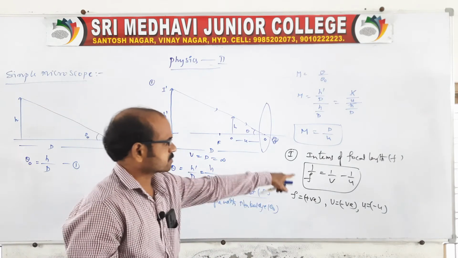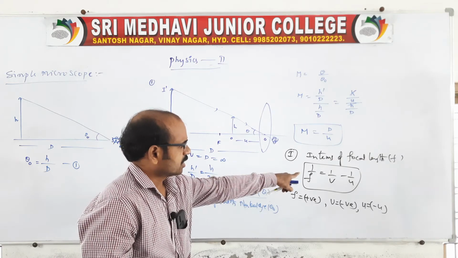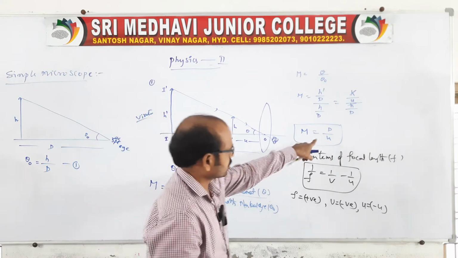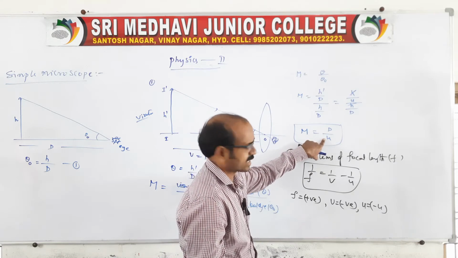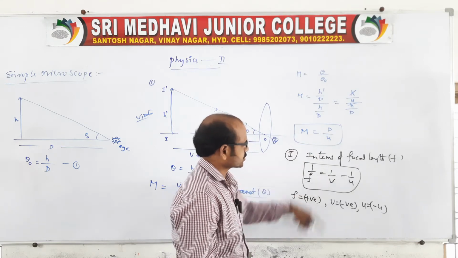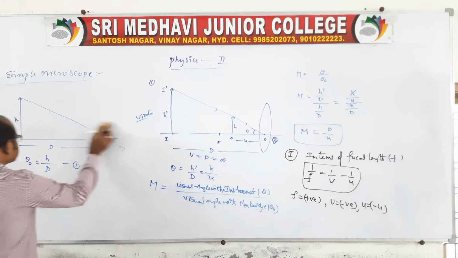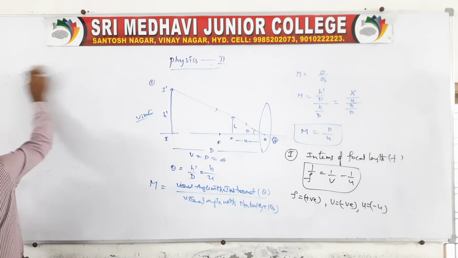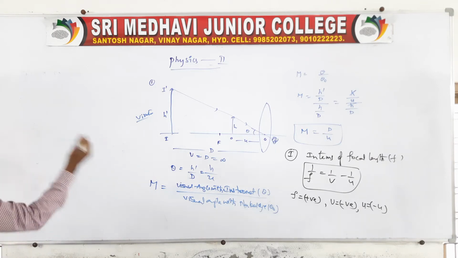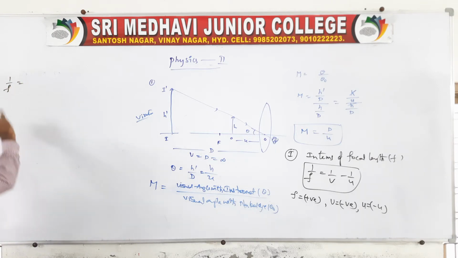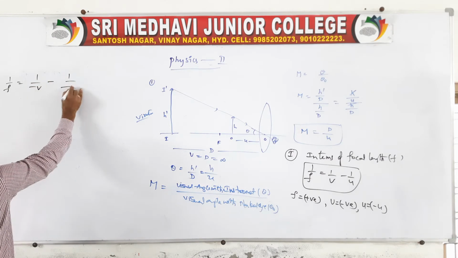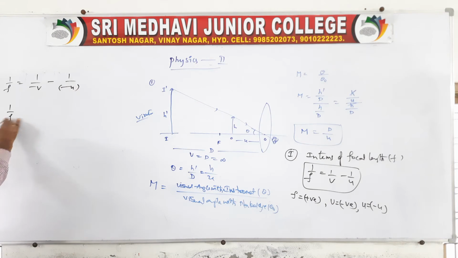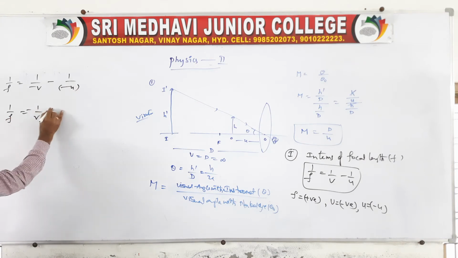Now you substitute these values here, because we are calculating 1 by u. So 1 by f is equal to minus 1 by v, minus of minus 1 by u, which becomes plus.